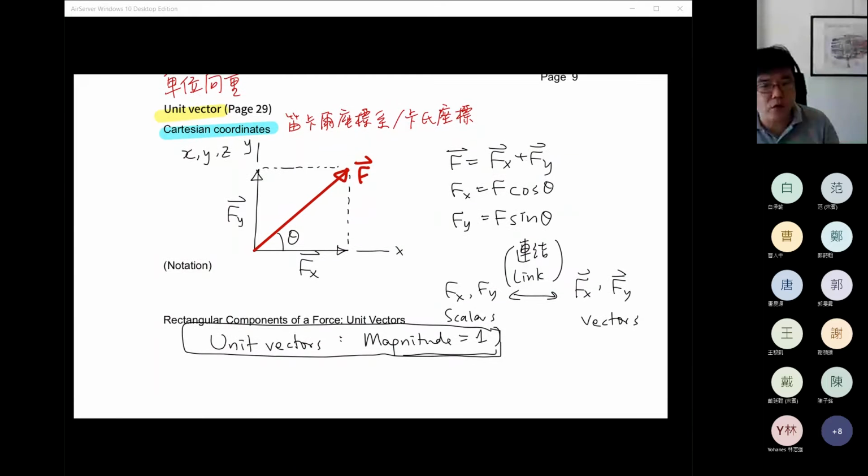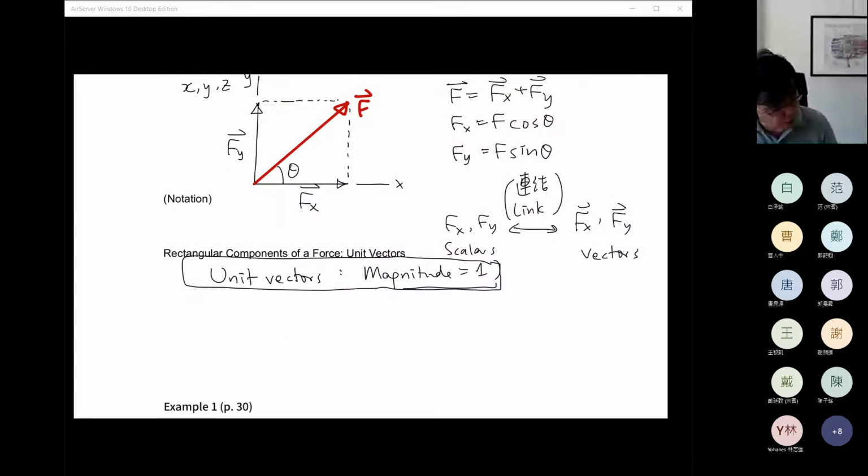We will deal with many unit vectors in the coming weeks, but we have 2 unit vectors we want to talk about now. One of them is along the x direction, and another of them is along the y direction.